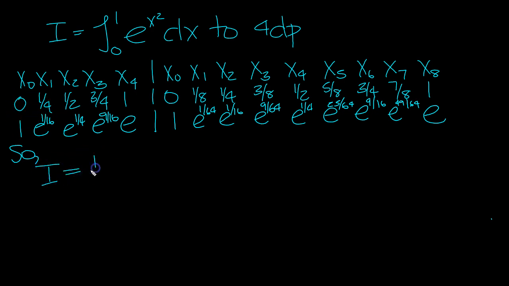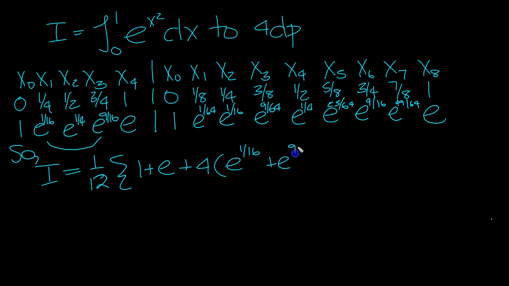So I equals h over 3 here. h is a quarter, over 3 is a twelfth. First plus the last, so that's 1 plus e, plus 4 times the odds, and 2 times the evens. The odds would be this one and this one, plus 2 times the evens. It's just one even one here, e to the quarter.